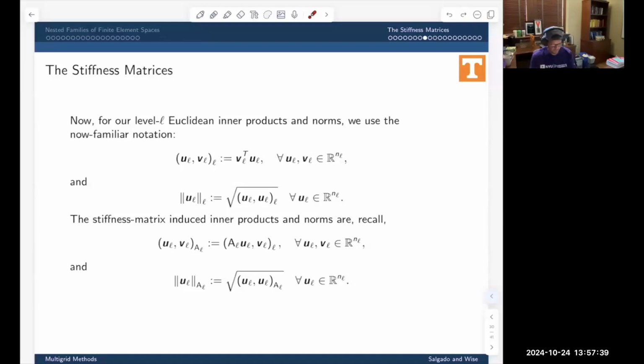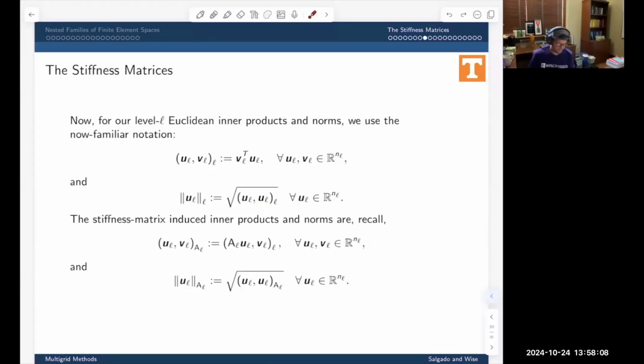Just to remind you of some other quite usual definitions that we're going to use. So we need the Euclidean inner product on level L. That's just the standard Euclidean inner product, or in other words, it's V_L transpose times U_L. The Euclidean norm on level L: you just take this inner product of a function with itself and then take the square root, you get the norm.